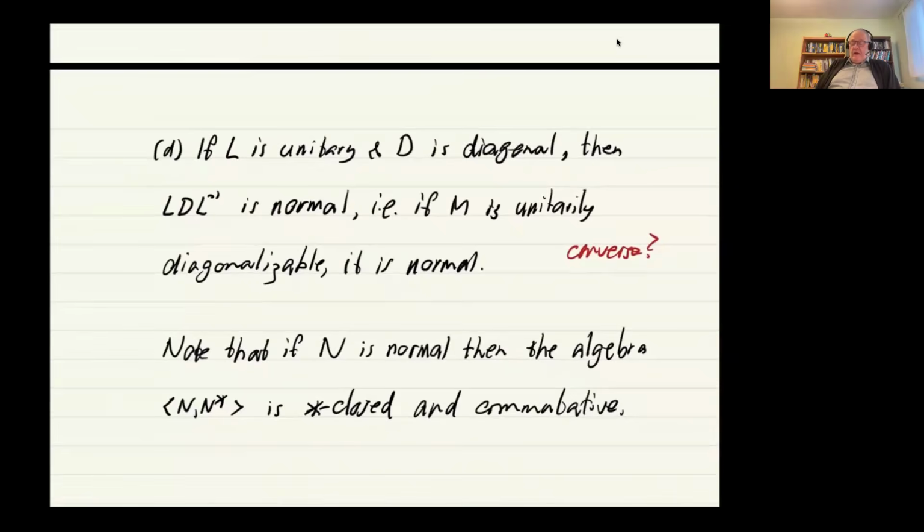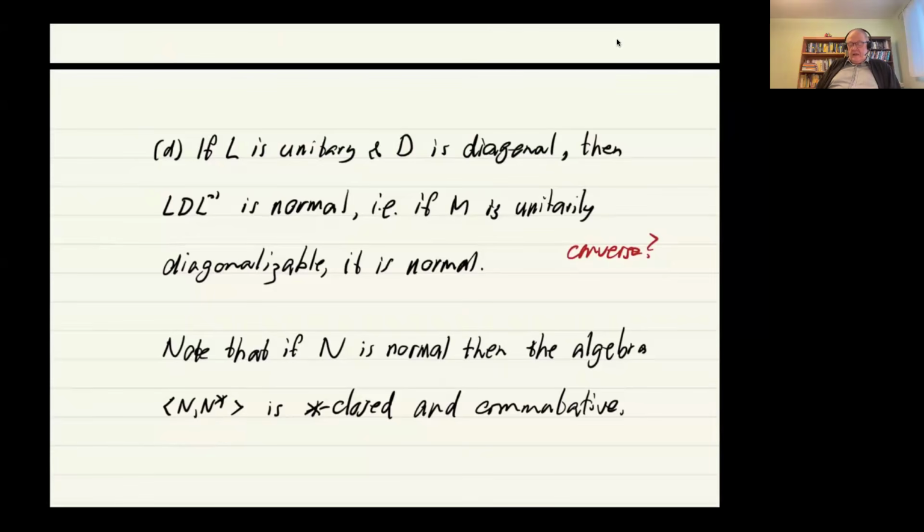And the final thing in terms of the algebras is if you have a normal matrix N, then the algebra generated by N and N star is star closed and commutative. Now the angle brackets here are not the inner product. This is saying this is the smallest algebra which contains N and N star, so it contains all linear combinations of products of N and N star.